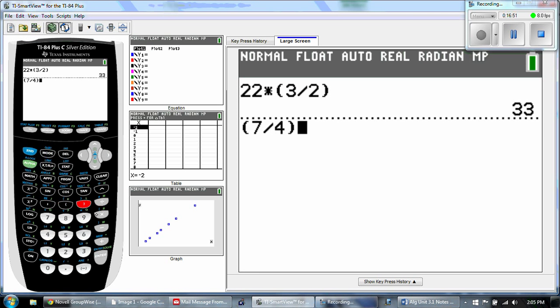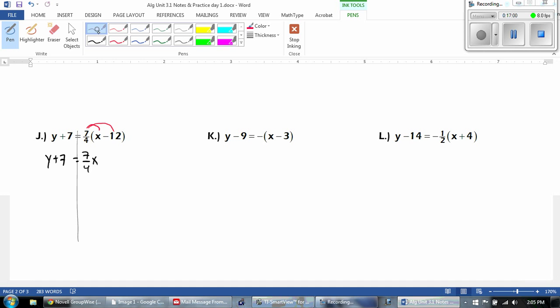So I have 7 divided by 4 times 12. And then we get 21. Okay, and that's a -21. So the y is not by itself yet, so we have to subtract 7 from both sides. And we get y equals 7/4 x minus 28.